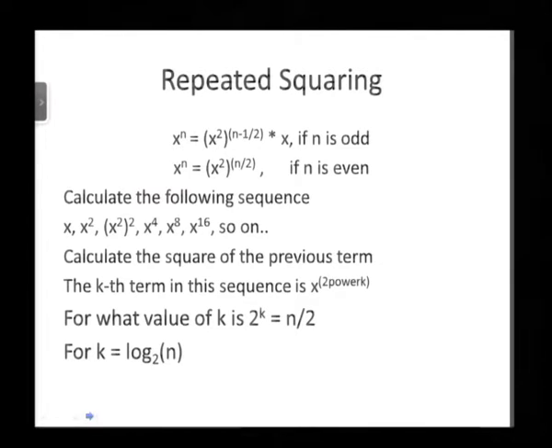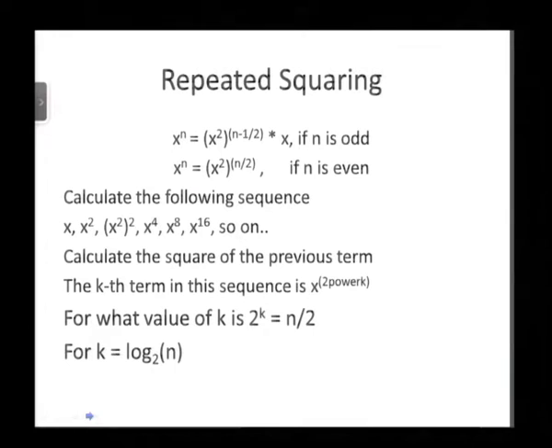So, in this case we want to compute the nth power of x, in other words we want to compute x power n, and the observation that we make is that x power n is given by x square raised to the power of n minus 1 by 2 if n is odd, and multiplied by x.